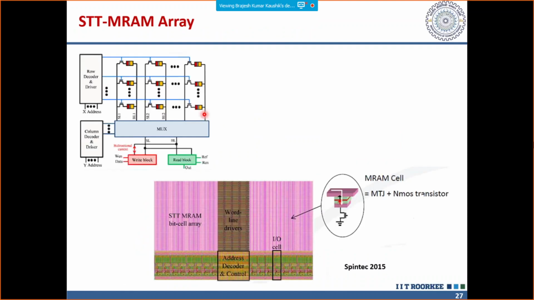Now, going further, Spintec in 2015 released the first STT-MRAM bit cell array. They could show how they created this STT-MRAM array using one transistor, one MTJ storage cell. This is what the one storage cell has been shown here, and you keep on replicating it to make your STT-MRAM array. You have a row decoder and driver, column decoder and driver, and a multiplexer placed over here, then the write block and read block, and so on and so forth. So this is how the STT-MRAM cell array had been created.